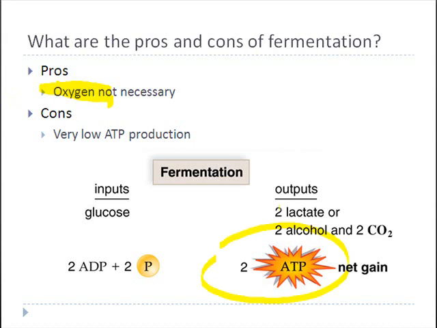Compare that with oxidative respiration that we already learned about, and you know there we make somewhere on the order of 36 to 38 ATP molecules from 1 molecule of glucose. That's a big difference. So fermentation is not a process that a cell would typically undergo unless it had to. There's just not enough of an energy payback to make it worth the cell's while unless it has no other options available to it.